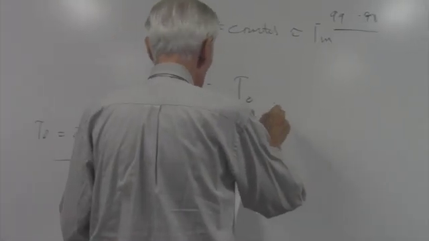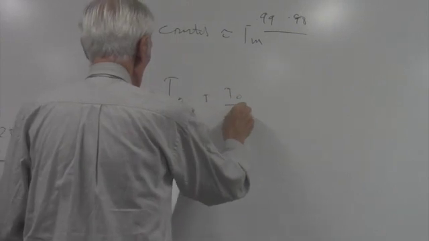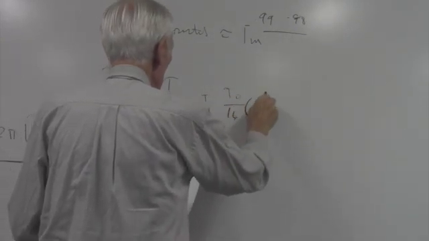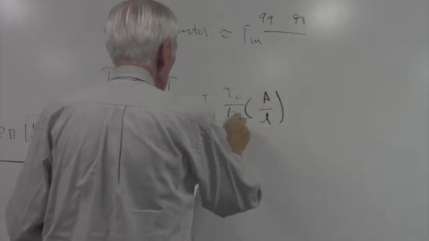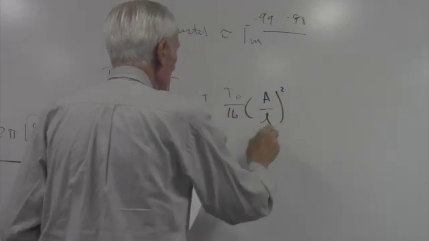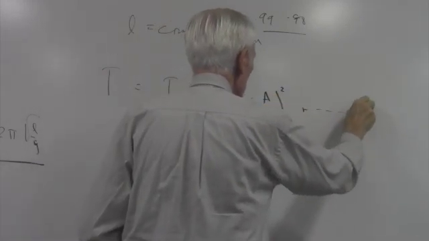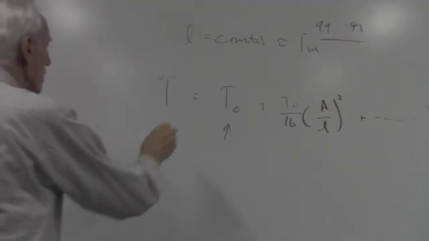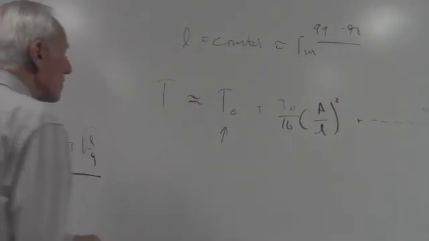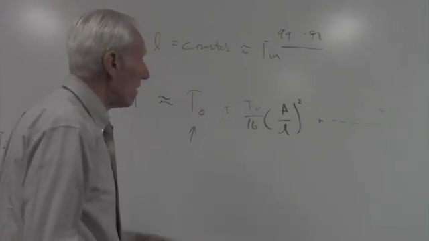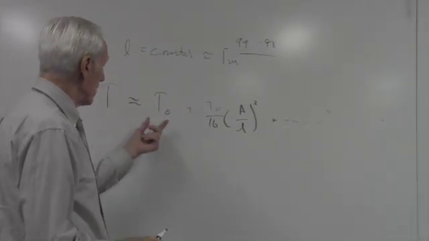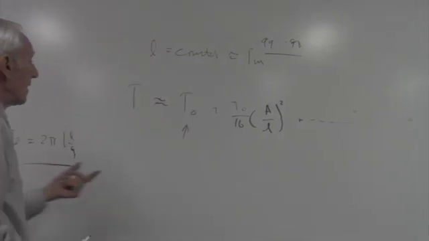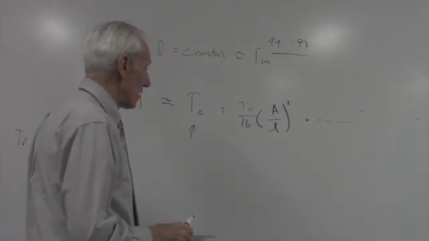Plus there's this extra added term, which is T0 over 16 times A over L squared. And actually, there are more terms. There's a 4th order term, there's a 6th order term, and so forth. But this is going to be an approximation to what we call the first order. That is, this is the 0th order, and this is the 1st order correction term.